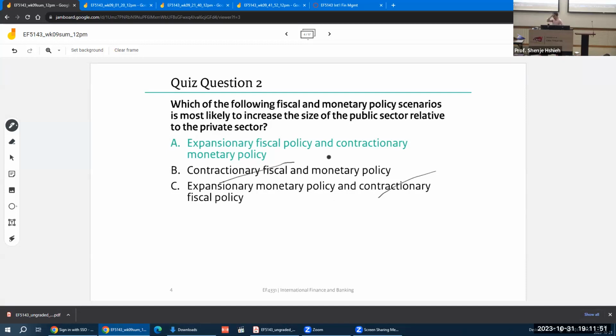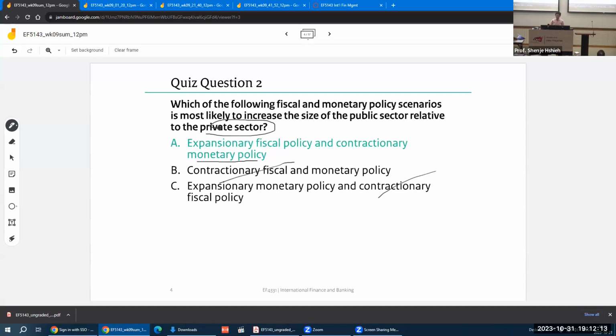All right. For the monetary policy, what sort of policy action would shrink the private sector? If you think about expansionary monetary policy, that would stimulate the private sector by making credit easier. Then obviously the opposite would be true.